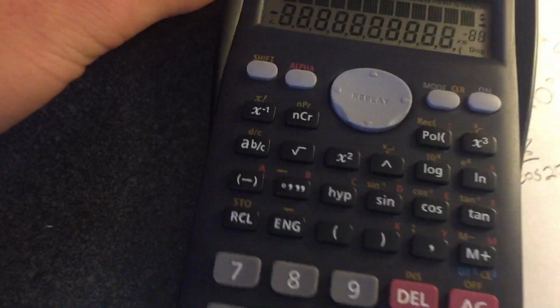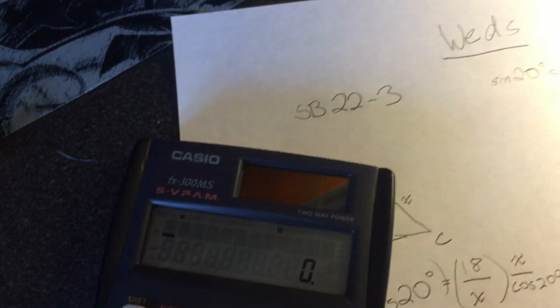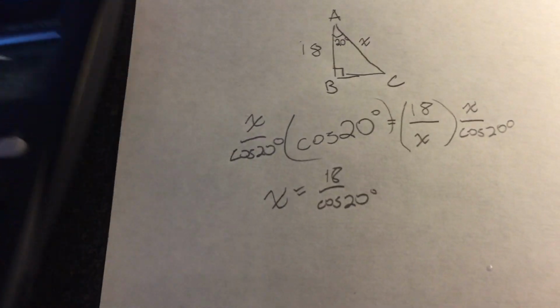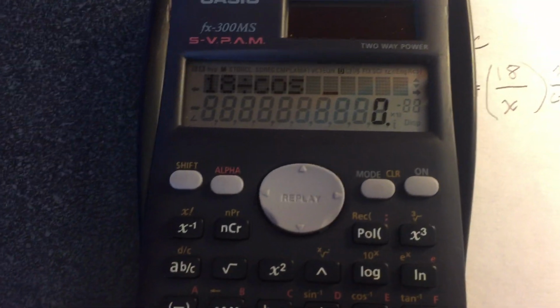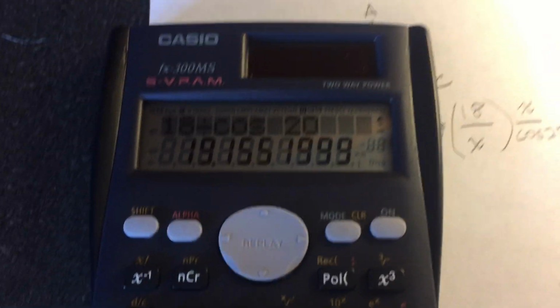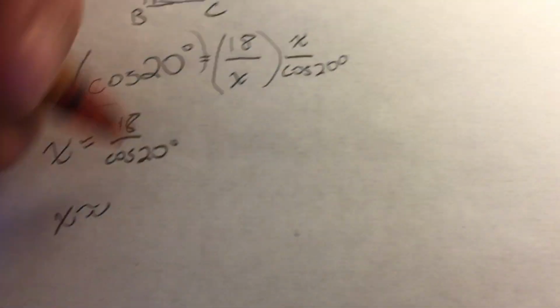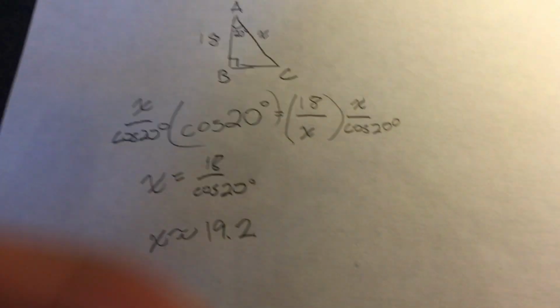And here we have the calculator. So x is equal to 18 divided by cosine 20, which is about 19.2. So x would be about 19.2.